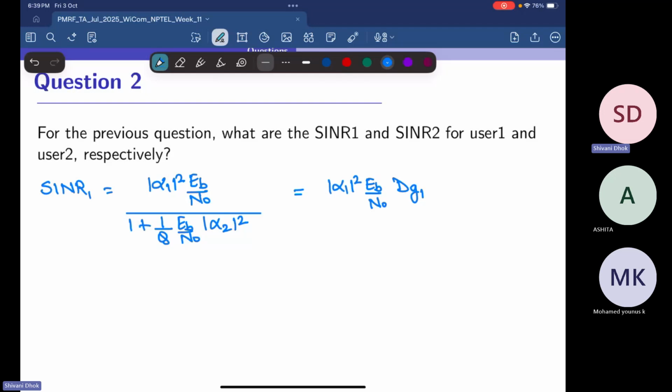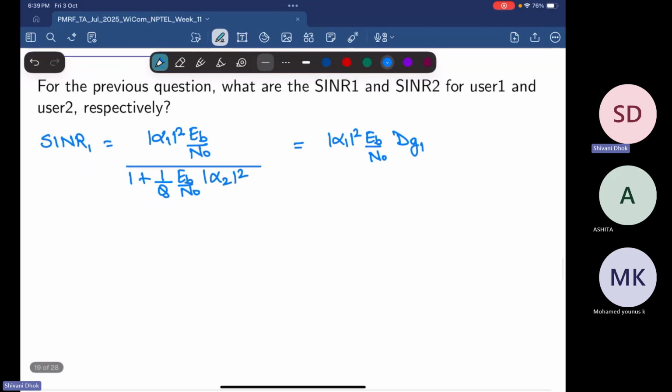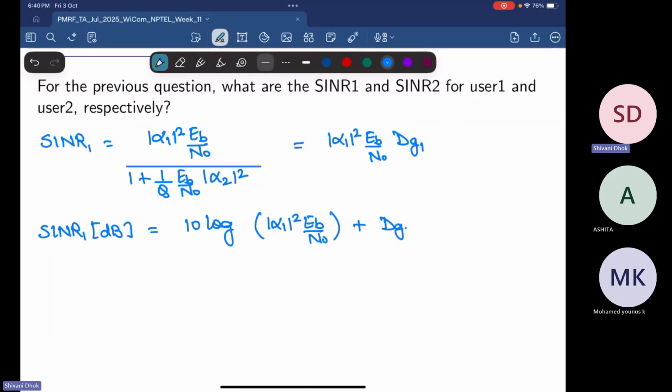So this is in linear scale. Now if I want to convert it into dB scale, SINR 1 in dB will be given by 10 log of magnitude of alpha 1 square EB by N naught plus Dg1, that is the degradation factor for user 1 in dB, and this log is to the base 10.